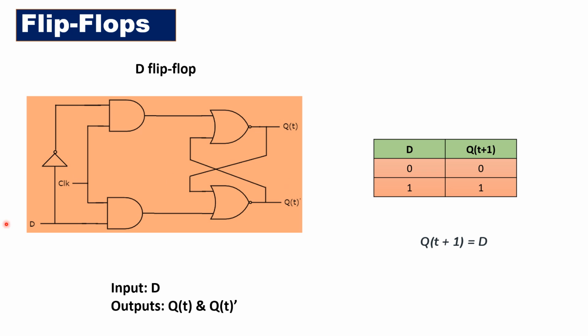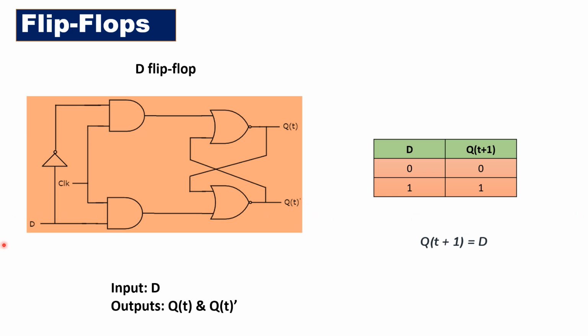The single data input labeled as D determines the state of the flip-flop. The output of the flip-flop, denoted as Q of t as current state and Q dash of t its complement state, changes only on the active clock transition of the clock pulse.